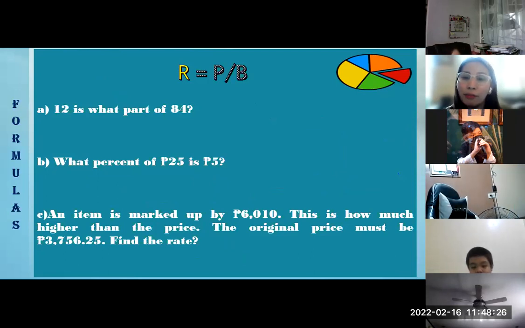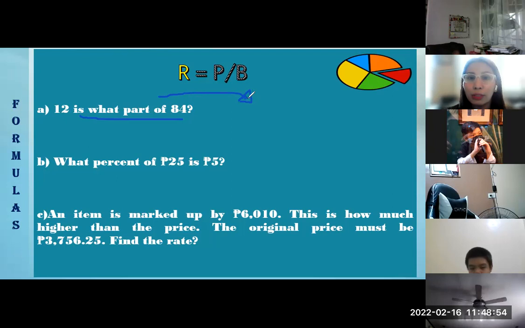using the formula and finding the rate naman tayo. Okay, 12% daw is what part of 84? 12% is what part of 84? Plus, if you want to use the conversion ng expressions to number sentence, ito yung expressions, yung with words.